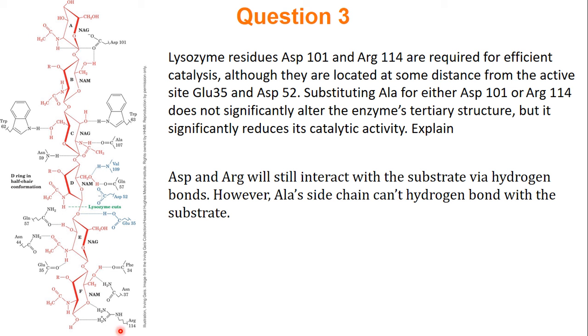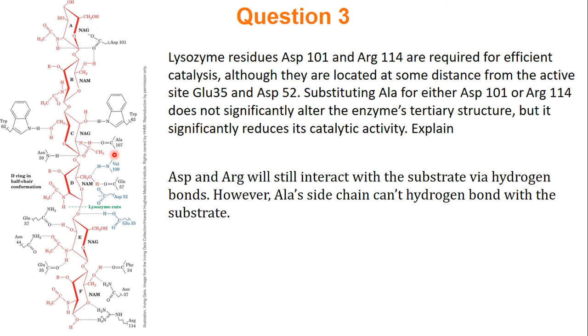Why? Well, if you look at ARG and ASP, they are forming hydrogen bonds to A and F, which are terminal sugars. What they're really doing is helping to orient this sugar in the binding pocket so they're the perfect distance away from ASP and GLU, and they do this by hydrogen bonds.